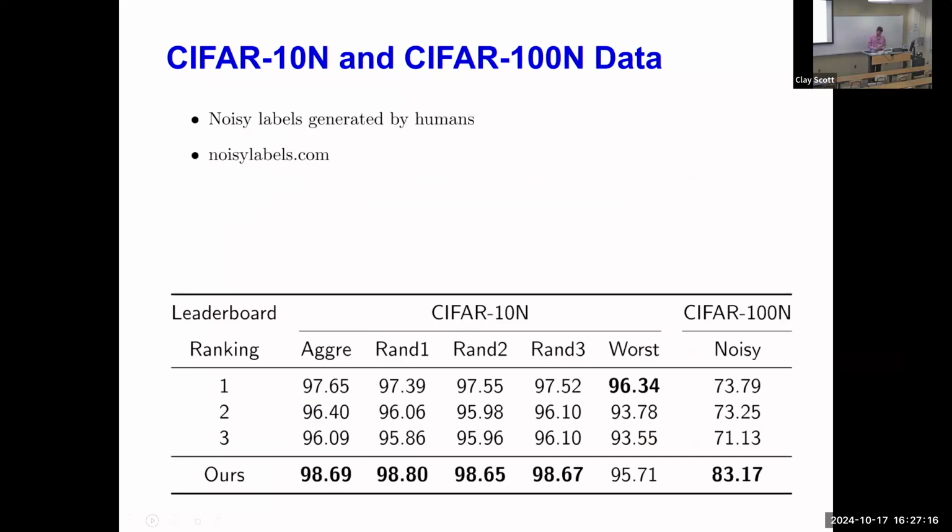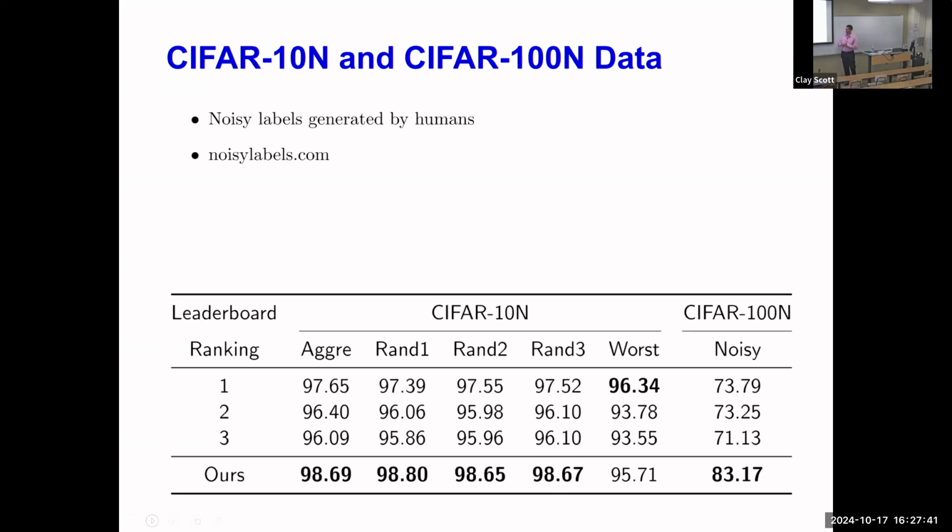Okay, well, that's a synthetic experiment and with symmetric label noise. So then we looked at this more realistic data set called CIFAR-N and CIFAR-100N. Basically, someone took the two CIFAR data sets, and they recruited a bunch of humans to assign labels. And kind of like ImageNet, they got at least 3 annotators for each image.